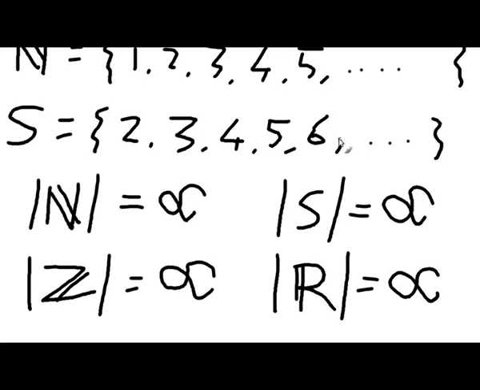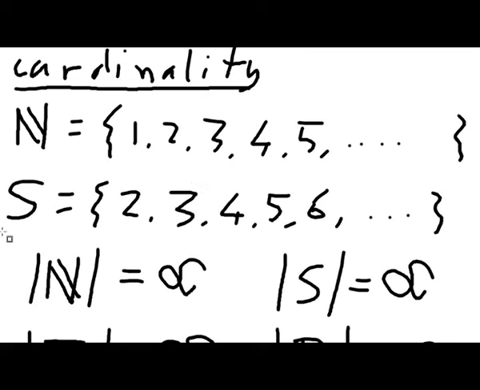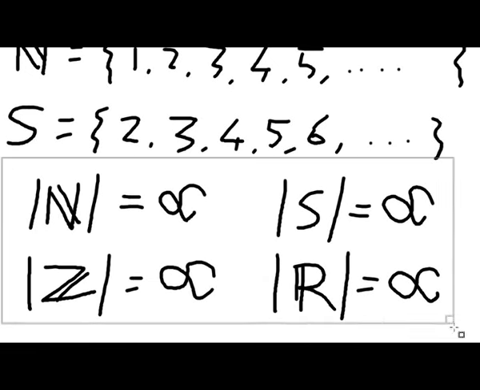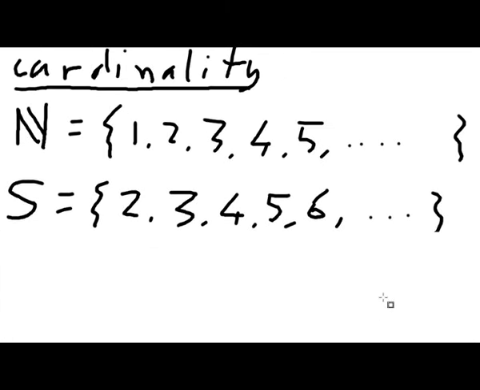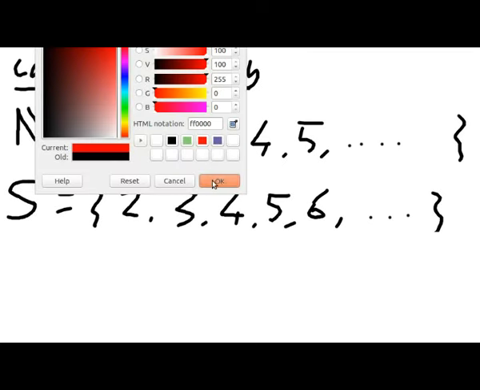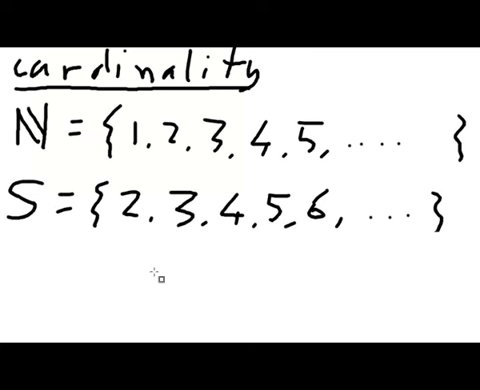So let's try to look at these two sets that we have written down, S and N. One can actually establish a one-to-one correspondence between the elements of the set N, the natural numbers, and S. Here I can pair up 1 in the set of natural numbers with 2 in the set S. So that's my first element pairing.